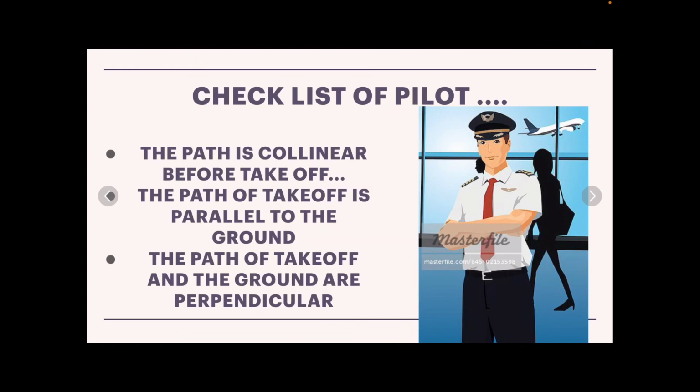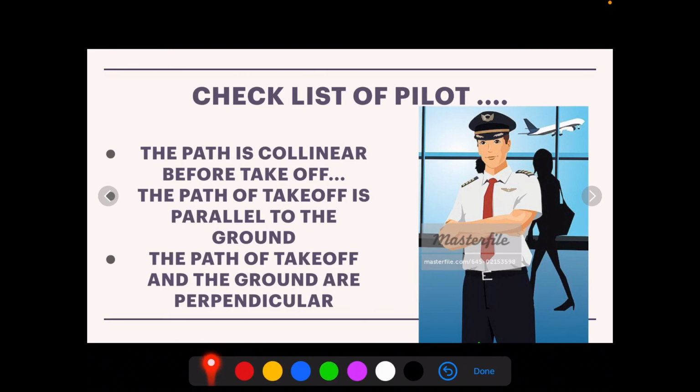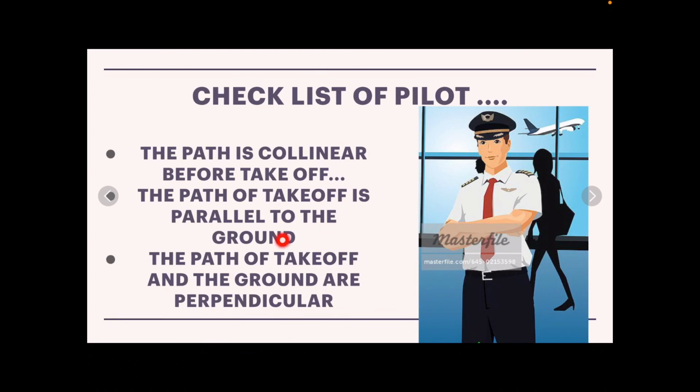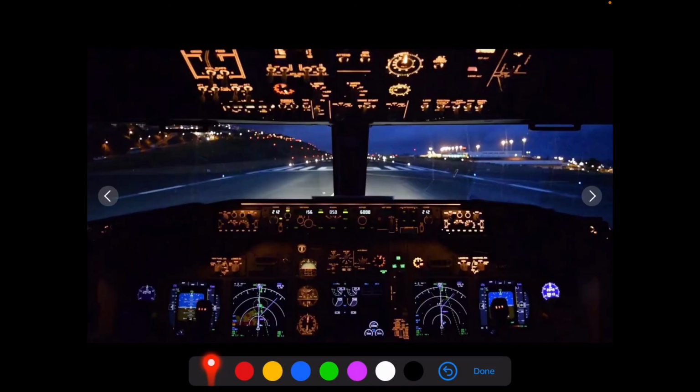Now, the third condition is that the path of takeoff and the ground are perpendicular. Even that's quite simple. So let's say this is the path, this is the ground, and this is the path of takeoff again.